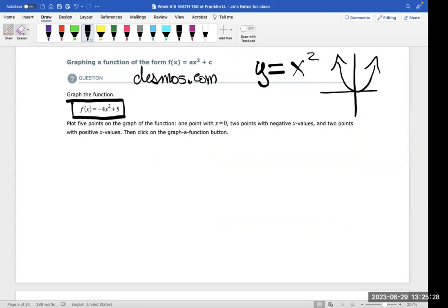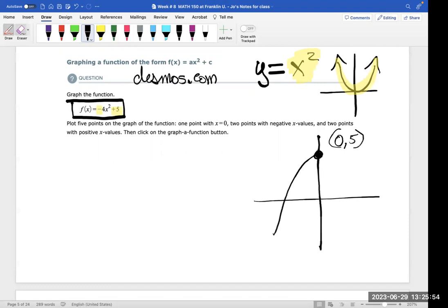I know that this is going to be open down because it has a negative. I know that it's going to be a parabola because it has an x squared. And I know that this plus 5 is going to shift it up. So I know that it's going to be something around here, 0, 5, and then it's going to be open down, and I know that it's going to be that general shape.